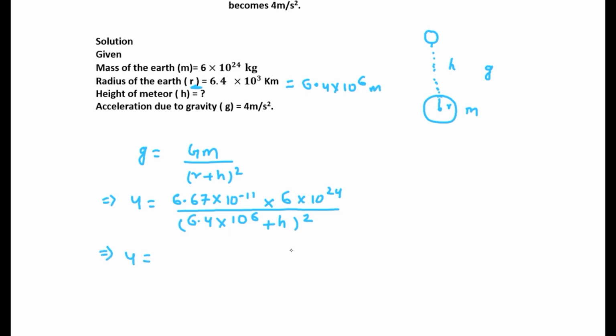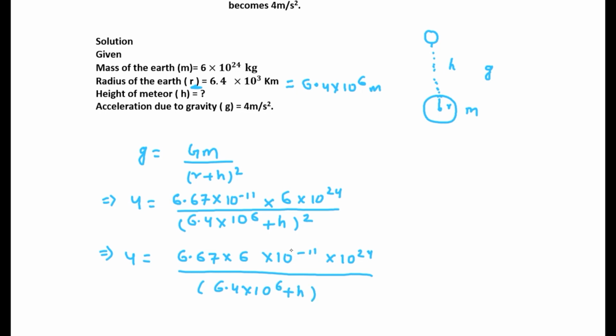Here 4 equal to, first of all arrange this number, it is easy to solve. 6.67 into 6 into 10 to the power minus 11 into 10 to the power 24, and here 6.4 into 10 to the power 6 plus h whole square.